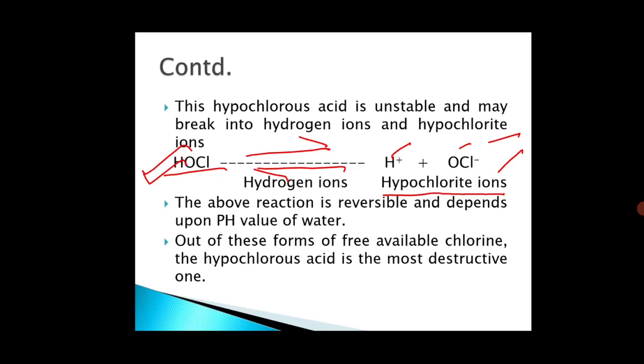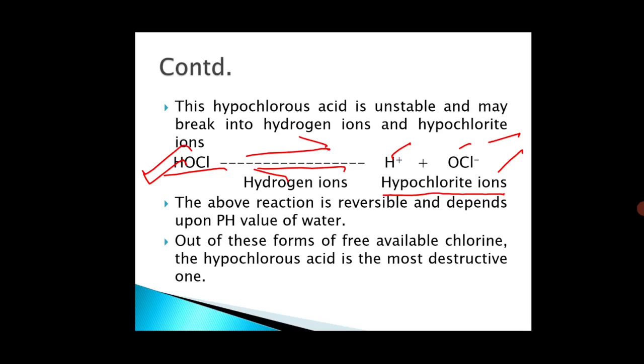Therefore, the pH value of water during chlorination is generally maintained slightly less than 7, so as to prevent the formation of OCl minus ion.